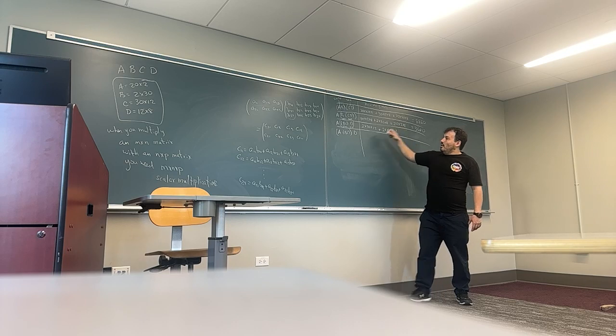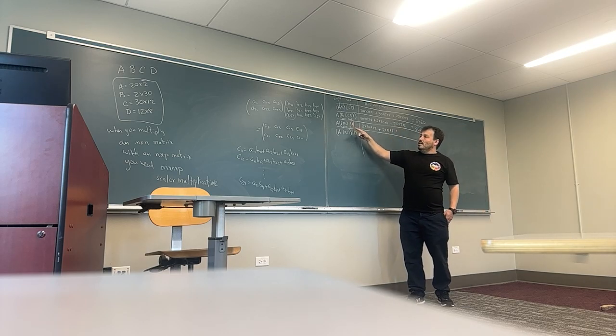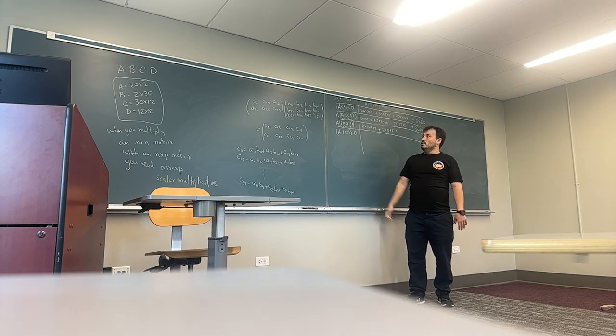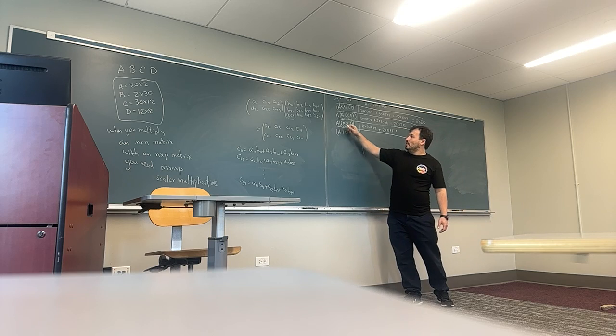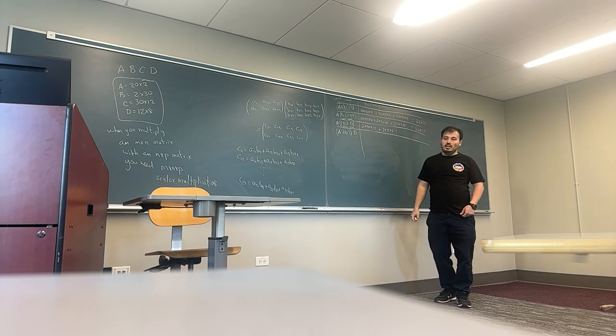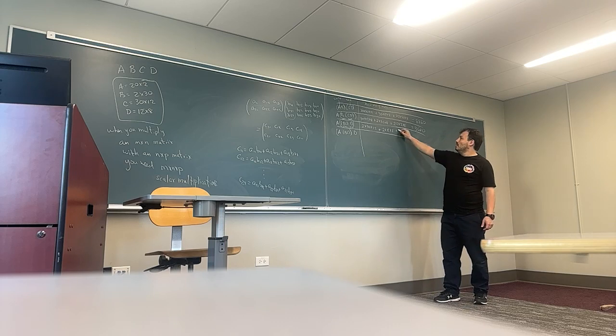All right, so now BC times D is what type of matrix? 2 by 8. So then this whole thing is a 2 by 8. Then A times that, how many operations does it take? 20 by 2 by 8.